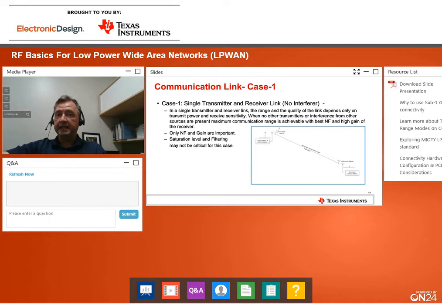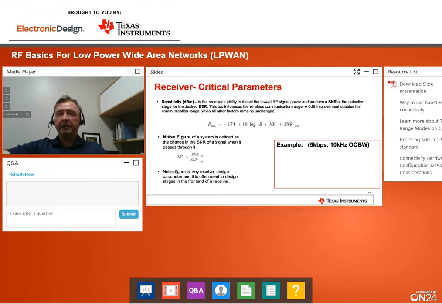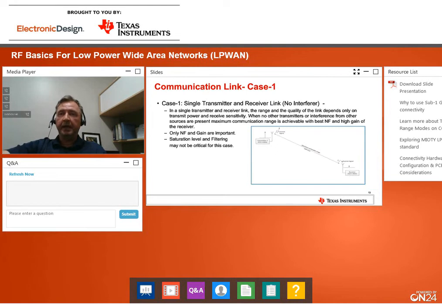Then this is a fairly easy task, and you can get very good range because the only limiting factors are the noise figure and the gain of your hardware. But in most applications, there are going to be interferers, and I'll have a slide about that in a second.